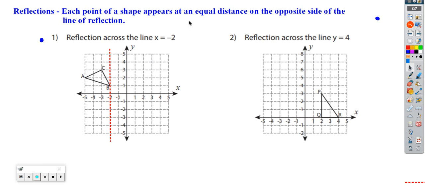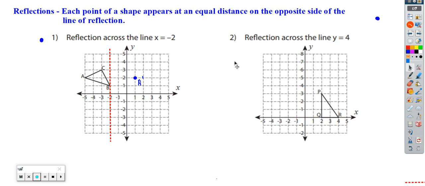I'm going to count an equal distance on the opposite side, 1, 2, 3, and grab my point. There is my first point on my reflection. Now, this point is called point A. This point is going to be called A prime. When you're making the new shape that's reflected, it's named the same point but with this little prime.